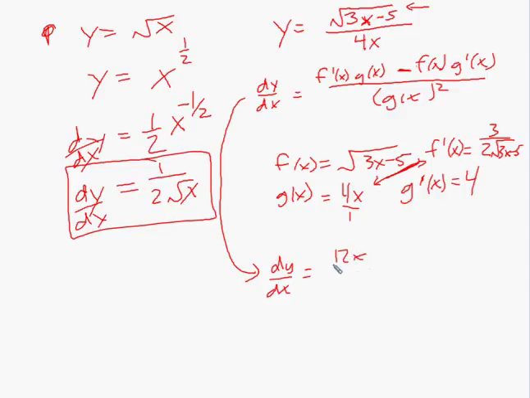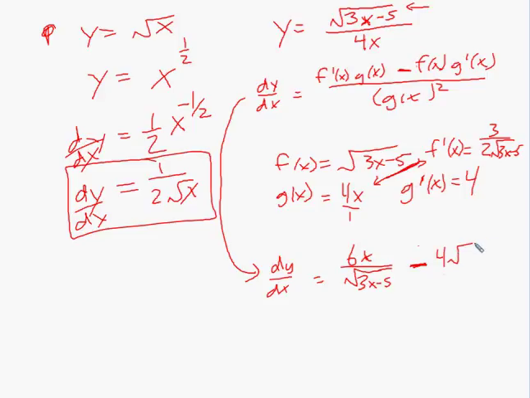So 12x all over, well, this 2 will cancel with that 4, you see what I'm saying? So I actually get 6x all over root 3x minus 5. That's this piece. Then minus f of x times g prime of x.